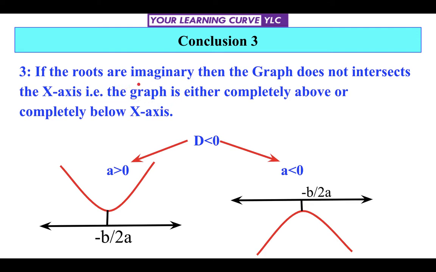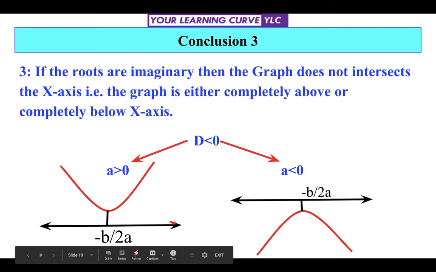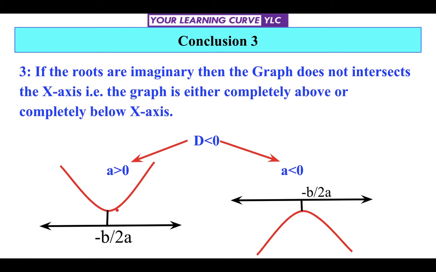Third conclusion, if the roots are imaginary, that is, you put the equation f(x) equal to 0, you solve and you don't get any real values of x for which y is 0, means there will be no value of x for which y is 0, hence the graph cannot touch or cut the x-axis.